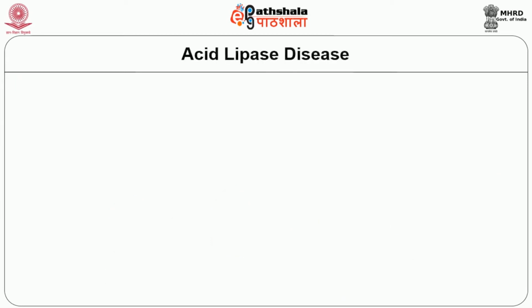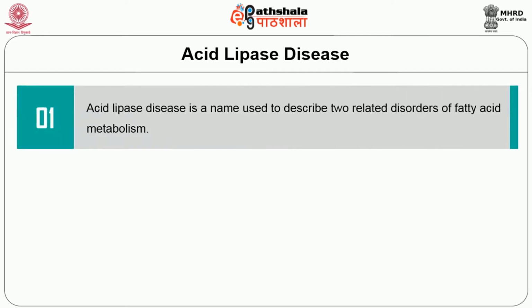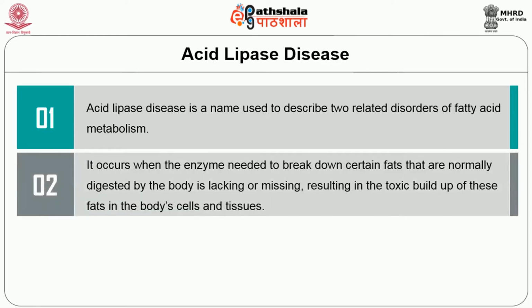Let us see the first type, that is the acid lipase disease. Acid lipase disease is a name used to describe two related disorders of fatty acid metabolism. It occurs when the enzyme needed to break down certain fats that are normally digested by the body is lacking or missing, which results in the toxic buildup of these fats in the body cells and tissues.